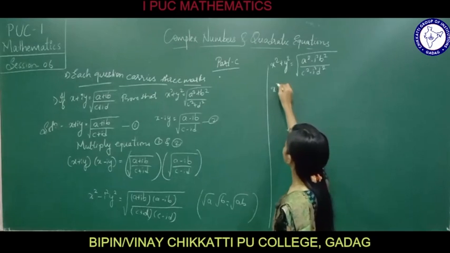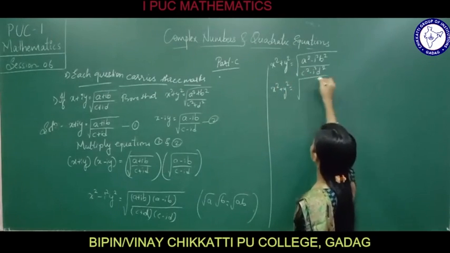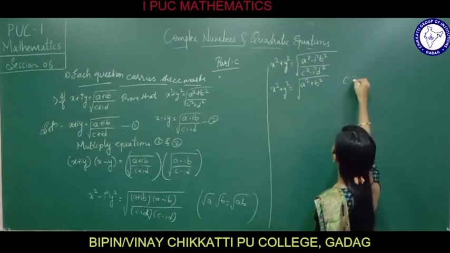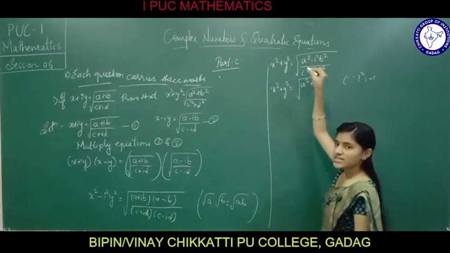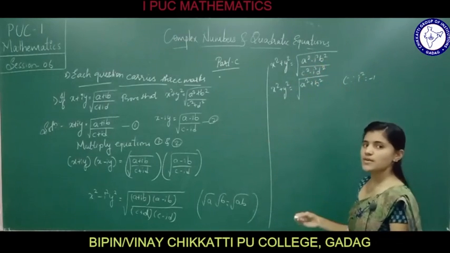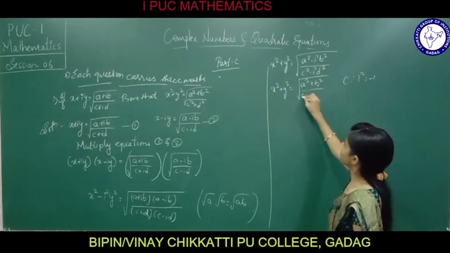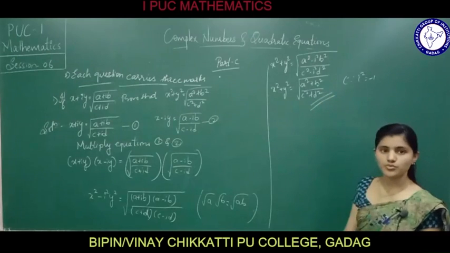Here I got x square plus y square is equal to root of a square plus b square divided by c square plus d square. Why? Because i square is minus 1, minus into minus is plus, so plus 1 into b square, divided by c square plus d square. Hence we have proved this.